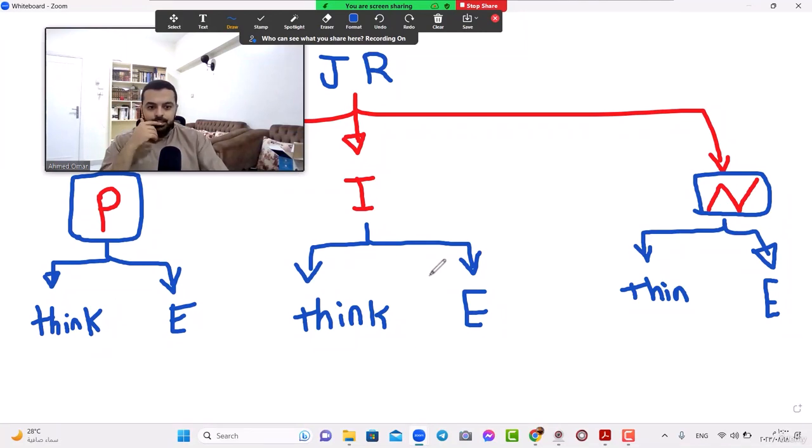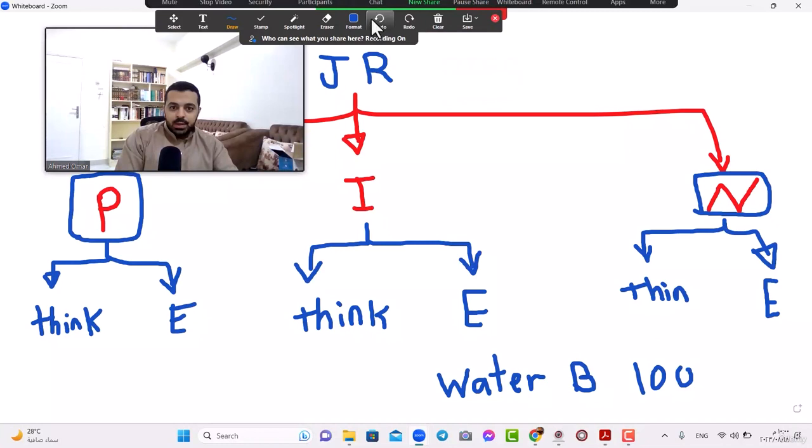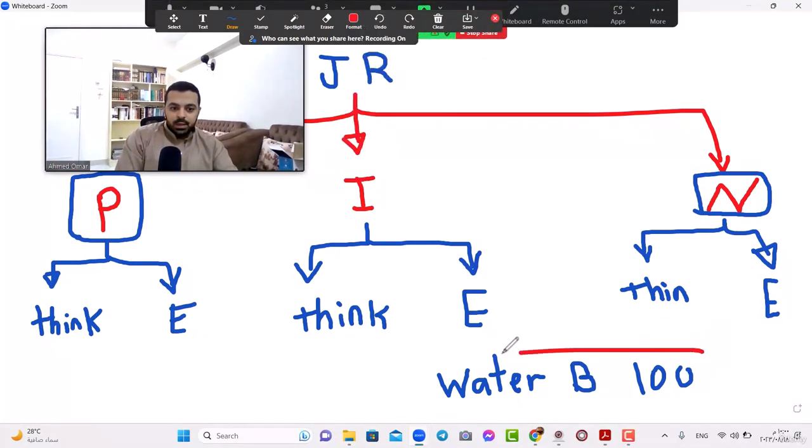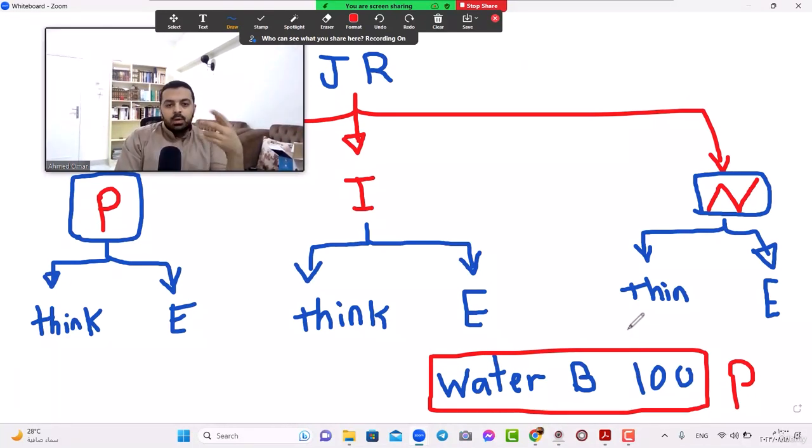For example, the water boils at 100 degrees. We agreed that according to philosophy, this proposition is possible. It's possible to be 100, and it's possible to change according to reason. But according to the empirical system, it has to be repeated. But we are talking about reasoning. Is there any contradiction if this law changed? We say no. So it's possible.